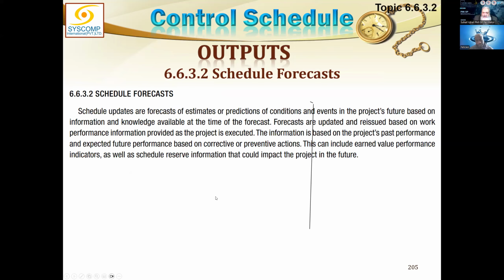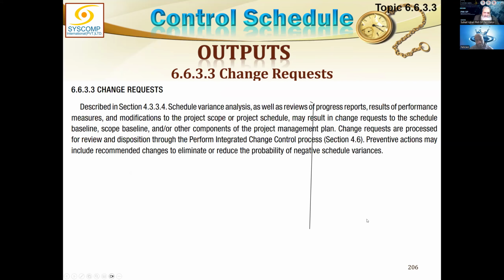Schedule forecast, for a predictive project, you must be able to predict if it is not ending on the expected date, when will it end? So that is called schedule forecast, meaning it will end 10 days later, 5 days later, 3 days later, or earlier maybe. So whatever, that is called the schedule forecast.